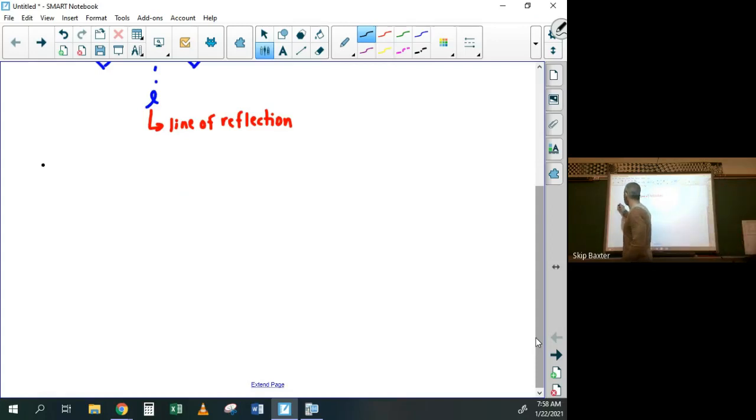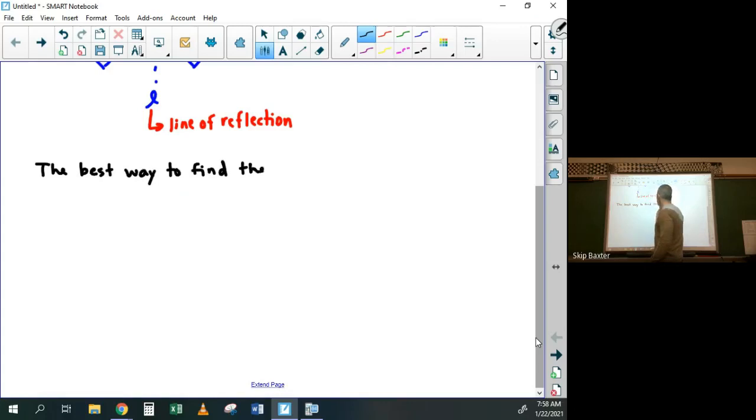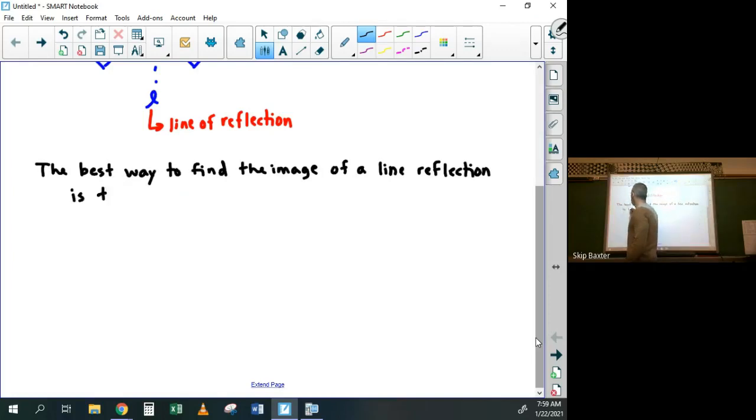So I'll just write that. The best way to find the image of a line reflection is to graph it.